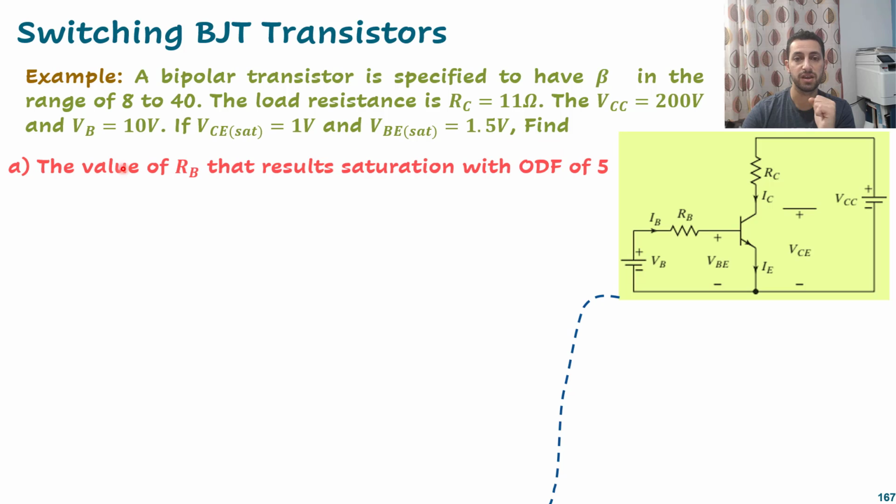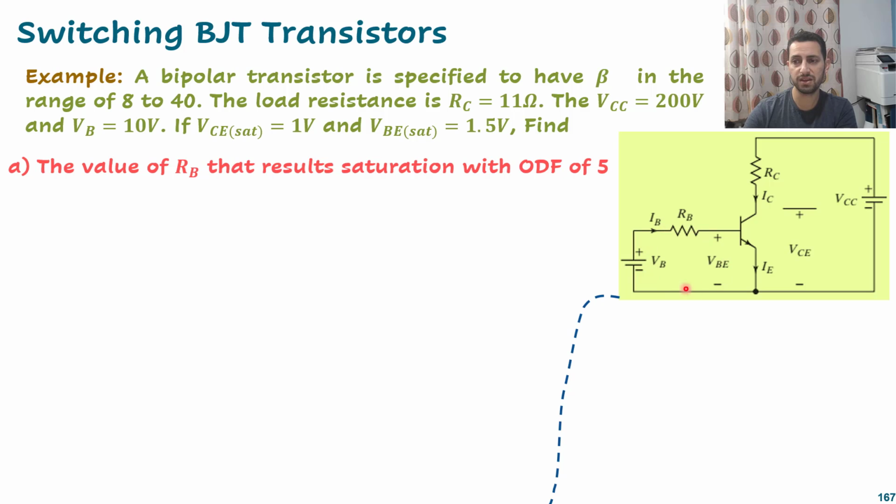Find the value of RB, which is this one, how much I should choose it, that results in saturation. So I should push it into saturation and pass the current there, but I have to overdrive it also with a factor of 5. So let's now look at the circuit and analyze this branch.